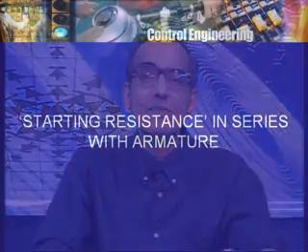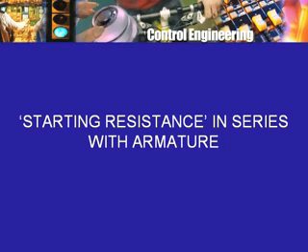So in any case, one does not start the motor that way. What is done is, in series with the armature, a starting resistance is put, which of course will have to be chosen sufficiently high so that the armature current, when the motor is just starting, will not be such a high value.